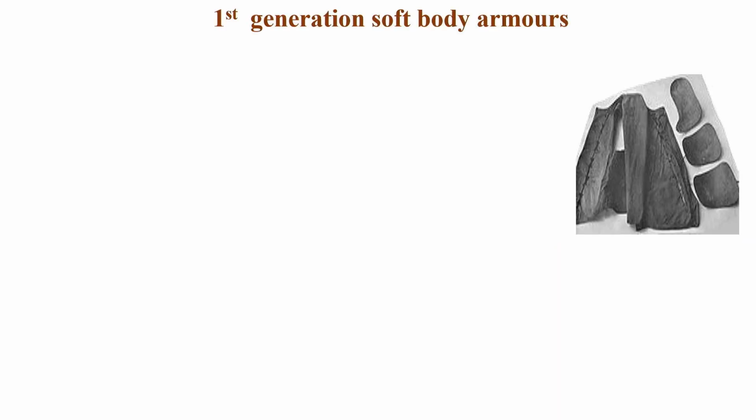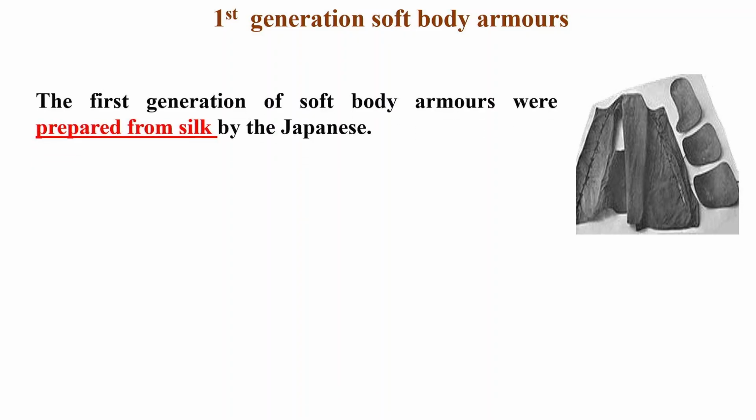Now, how did the soft body armors evolve? First generation soft body armors were made of silk. Silk is lightweight, and silk has a very high specific strength.